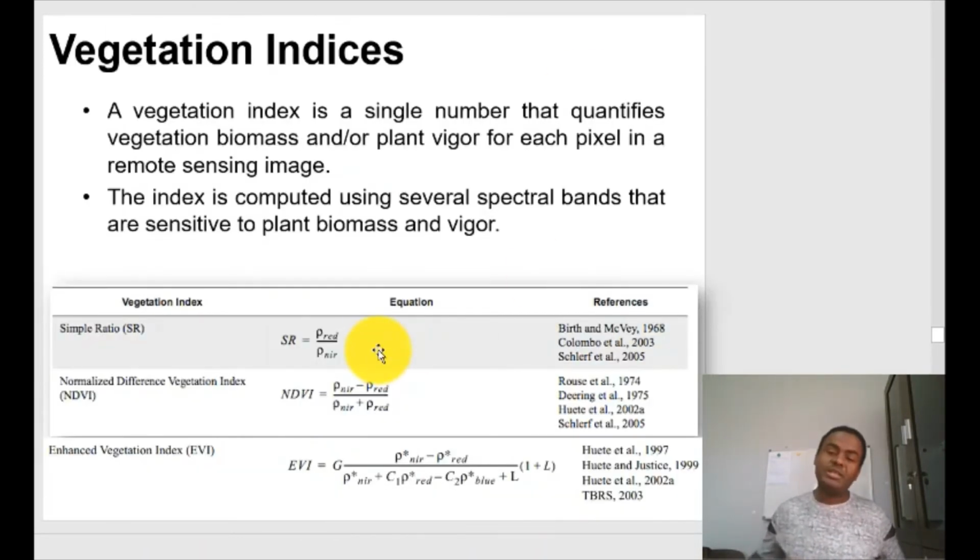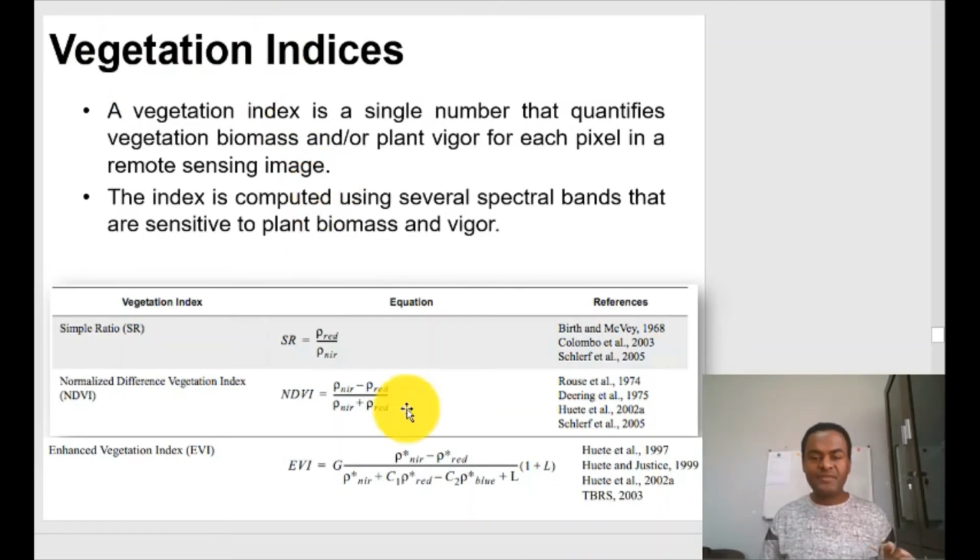Now, in remote sensing of vegetation, another important aspect is vegetation index, or in plural form, vegetation indices. A vegetation index is a single number that quantifies vegetation biomass for each pixel in a remotely sensed image. So if you want to use remote sensing of vegetation, you have to be able to estimate a vegetation index.